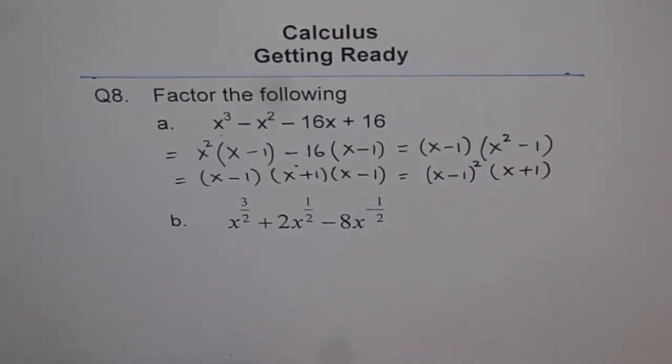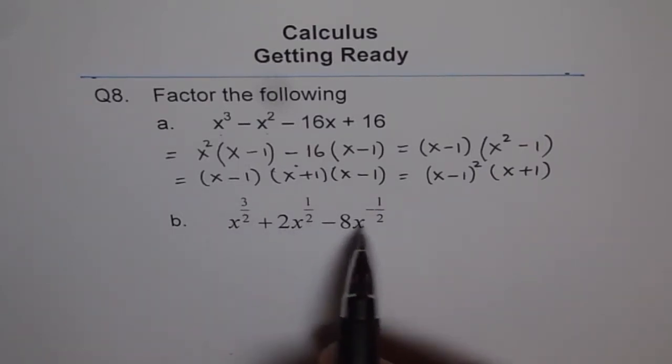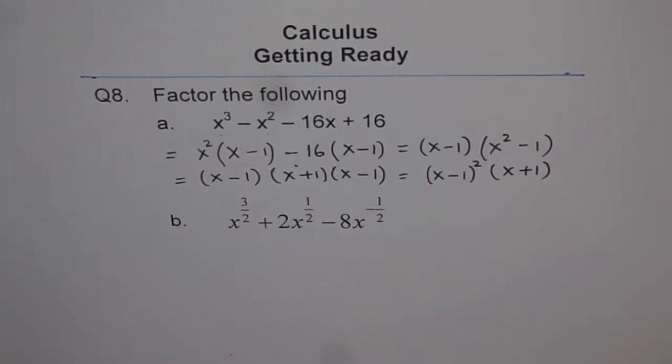Now this one is actually difficult for some students. Now here we have rational exponents. Now in calculus we are going to use rational exponents in a huge way. So you should get to understand them better. And that's the reason why I have taken this example here.